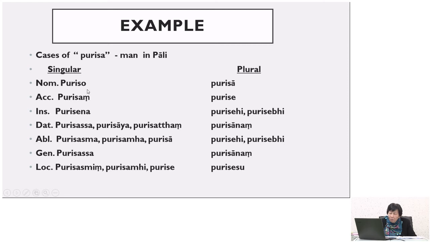So you have to know what kind of bound form, what kind of free form you are going to put in this.